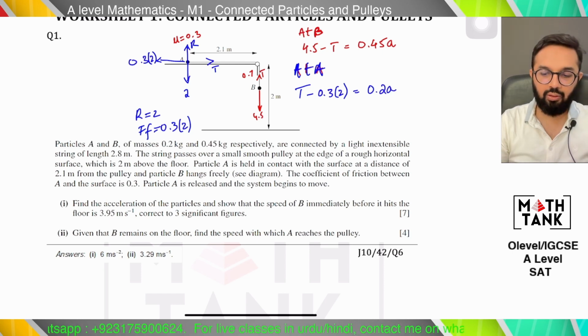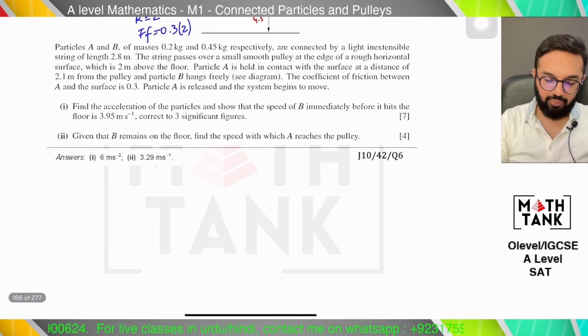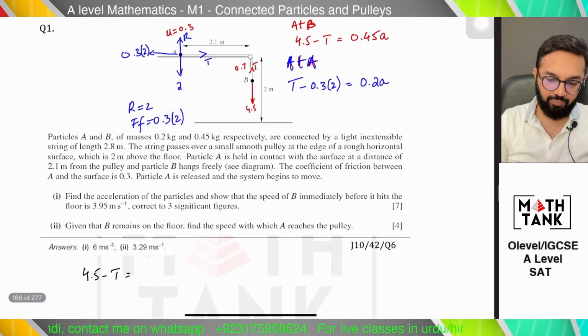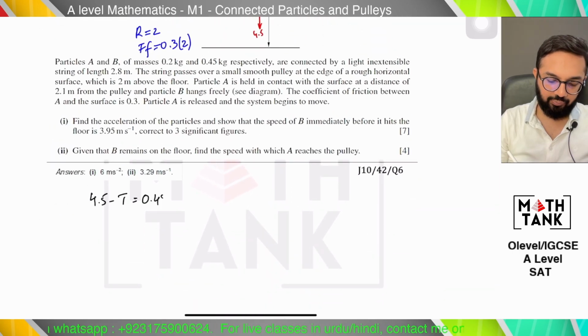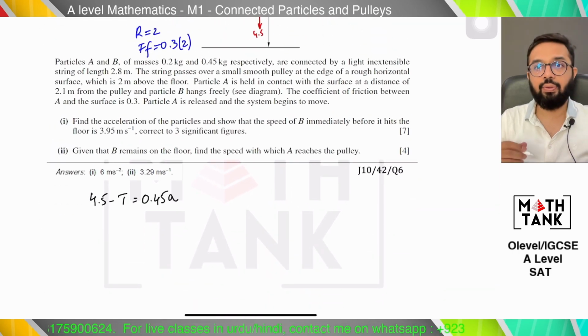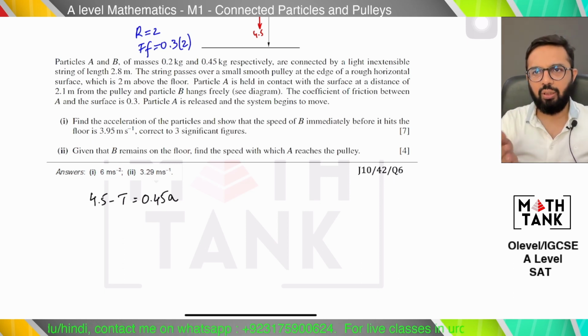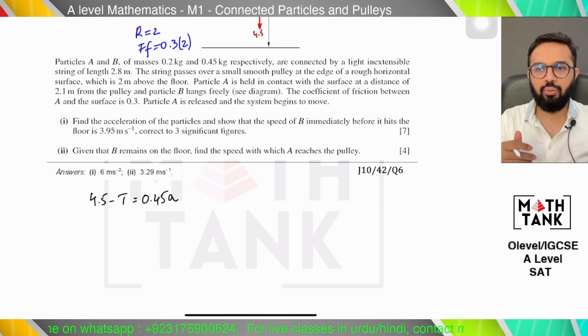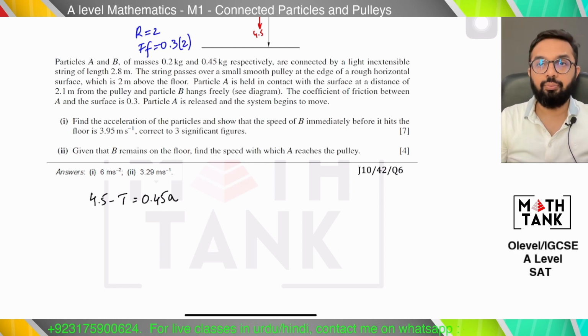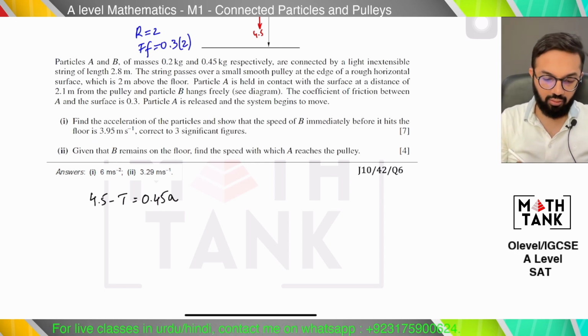0.2a. So I have two equations that I want to solve simultaneously. 4.5 minus T equals 0.45a. I will first solve for the system, then I'm going to use constant acceleration formulae, v equals u plus at and so on, to solve for the velocity that I have to prove to you.